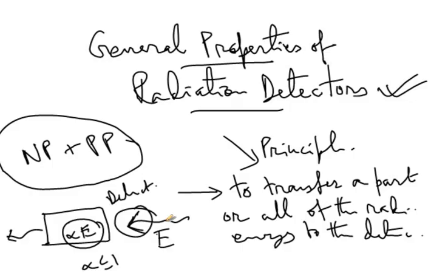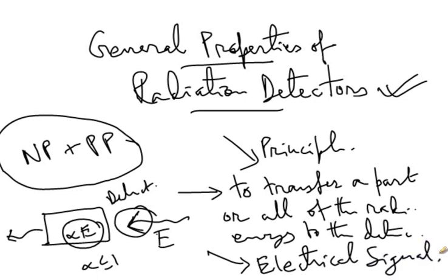The detector will be able to understand that someone has entered its active volume and has interacted with it. The detector is developed in such a way that as a result of this interaction we get something accessible to human perception, and that something will be an electrical pulse, or electrical signal.